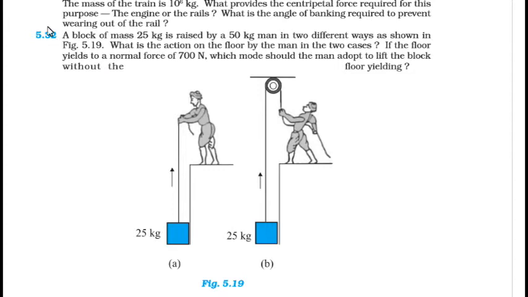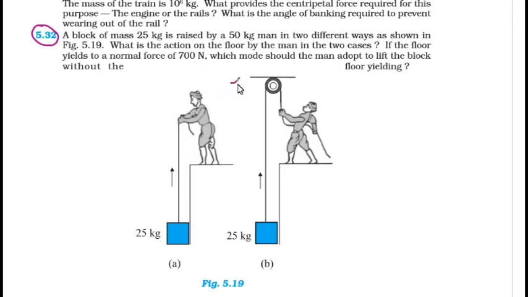Now, the next question is 5.32. A block of mass 25 kg is raised by a 50 kg man in two different ways as shown in figure 5.19.